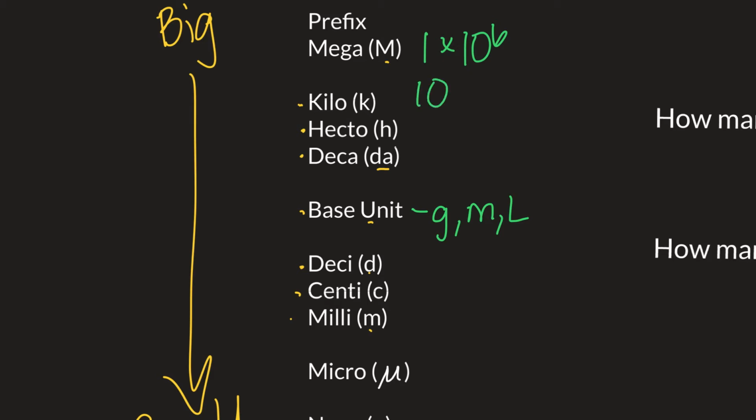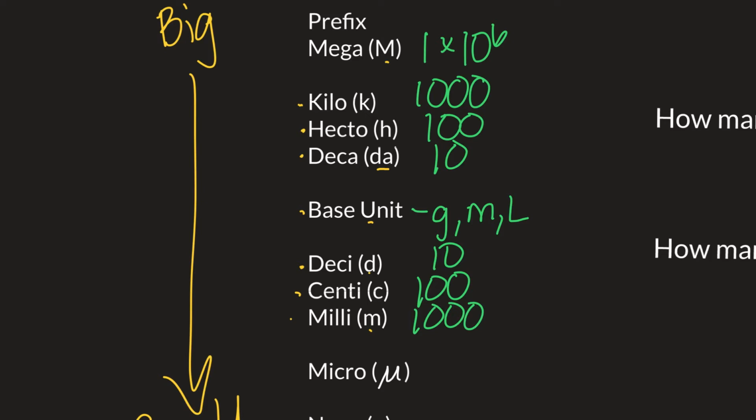Kilo is worth 1,000, hecto is worth 100, and deca is worth 10. Now, going to the little ones, again, because these are small ones, deci is only worth 10, centi is worth 100, milli is worth 1,000, micro is worth 1,000,000, and nano, I think you've heard of nanoseconds, is worth 1,000,000,000.